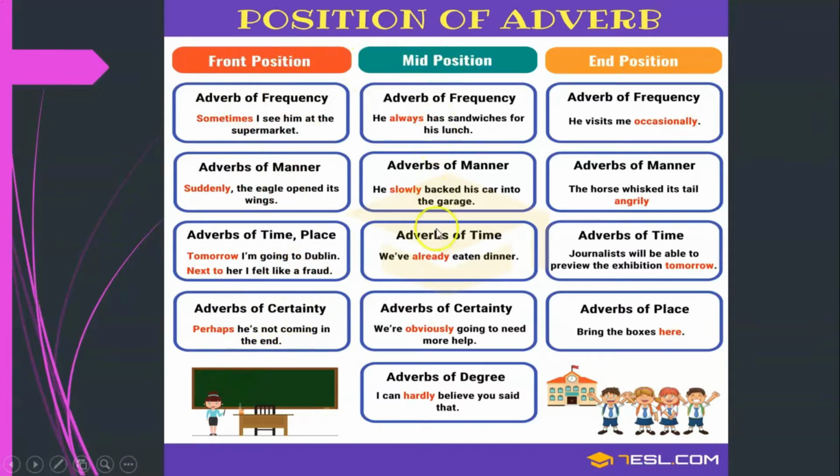Also, they can have a mid position that could be after the pronoun or noun or subject of the sentence, and also between the auxiliary verb and the main verb. Then we see that they can have an end position. This means at the end of the sentence. Like in these examples, you see the adverb is at the end.